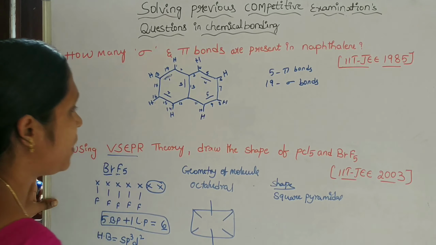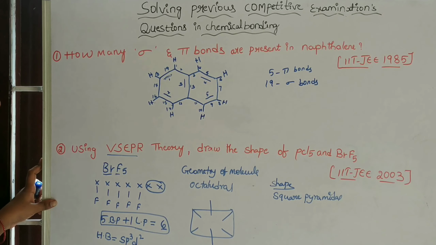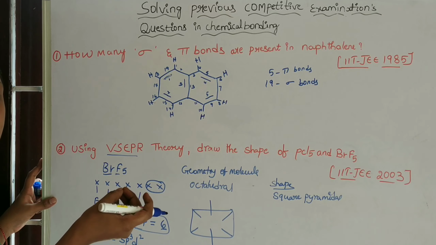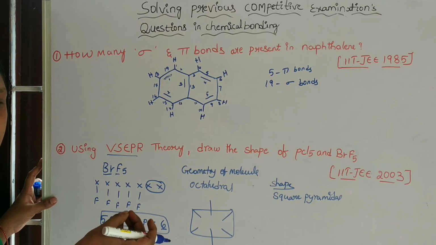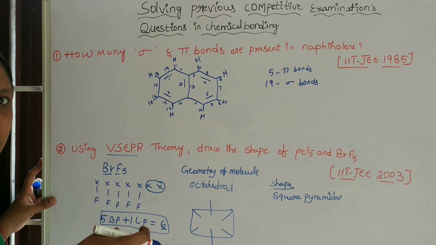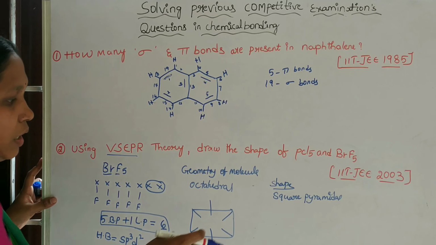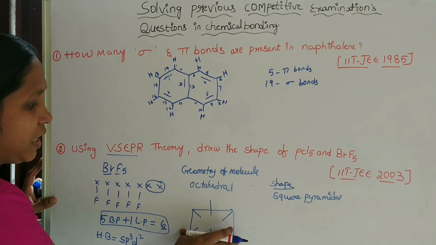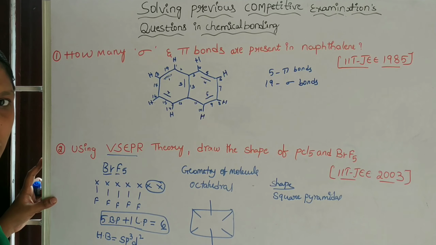What does VSEPR theory explain? VSEPR theory explains that repulsions exist between electron pairs, bonded pairs and lone pairs. So to minimize repulsions, the bonded pairs and lone pairs are arranged around the nucleus of the atom. Due to the arrangement of lone pair and bond pair, the shape of the molecule is differentiated and changes.